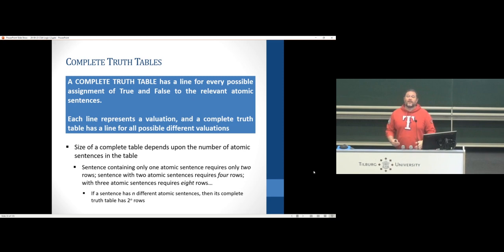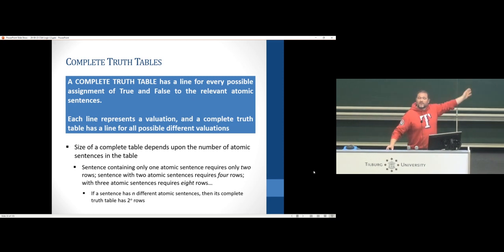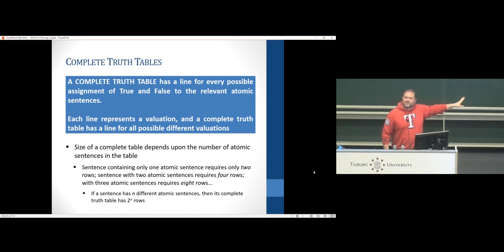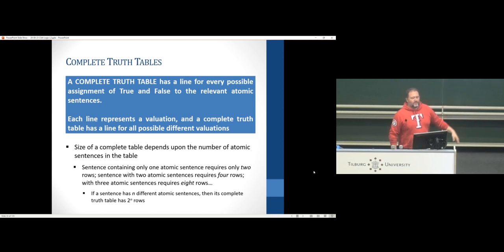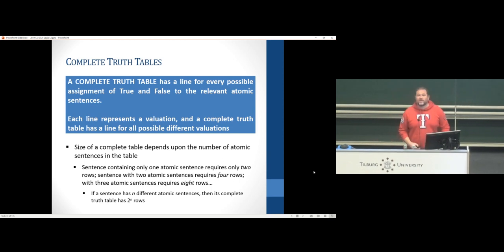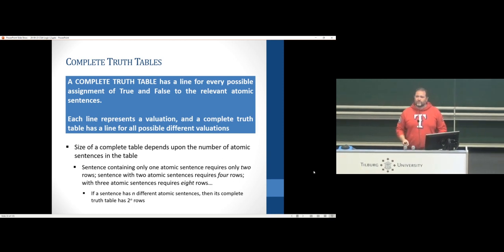So put more bluntly, what a complete truth table does is it lets us look at every possible situation relevant to a particular sentence. And the size of a complete table is going to depend on the number of atoms we're dealing with.